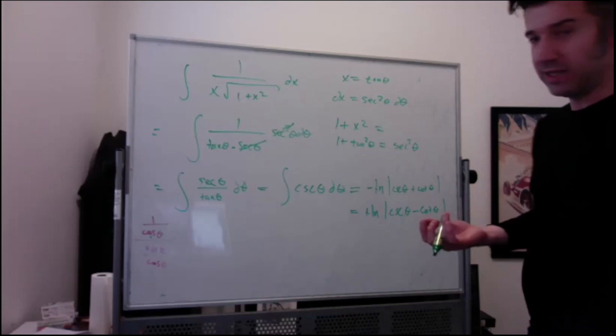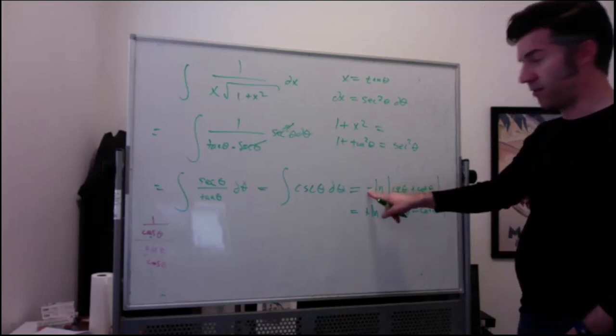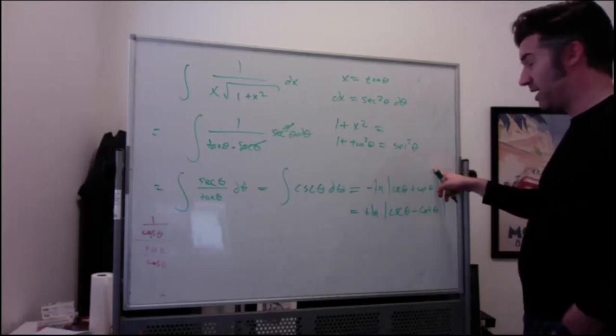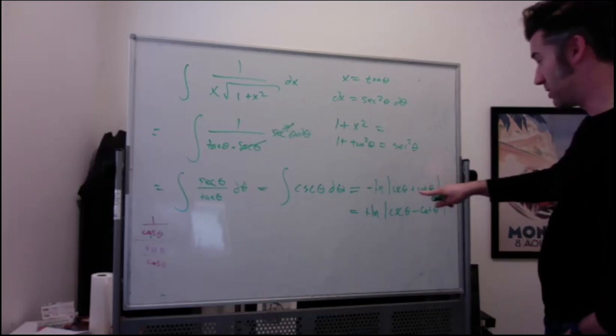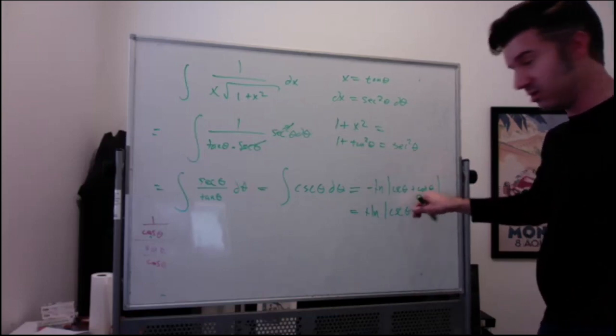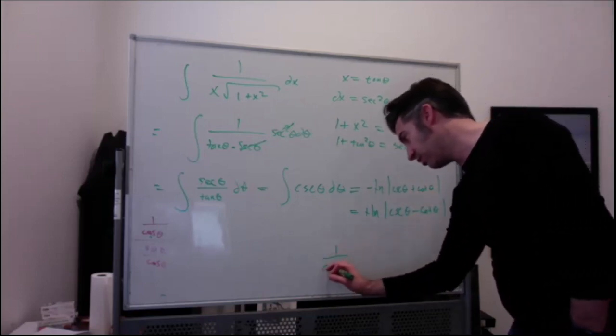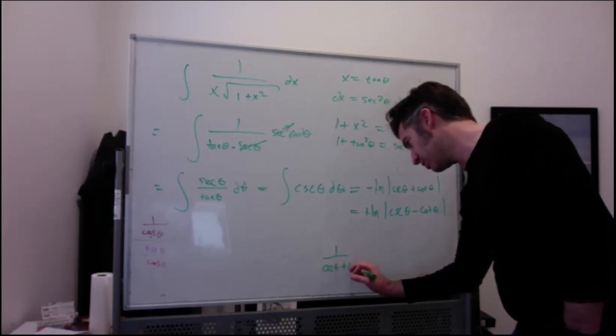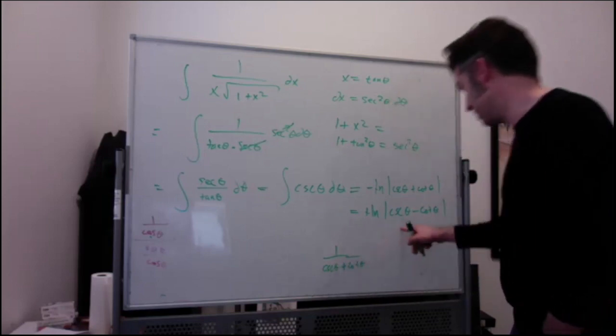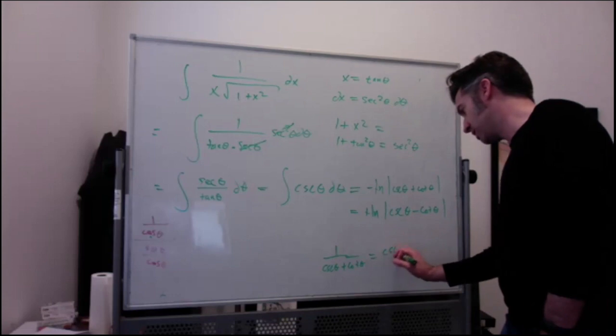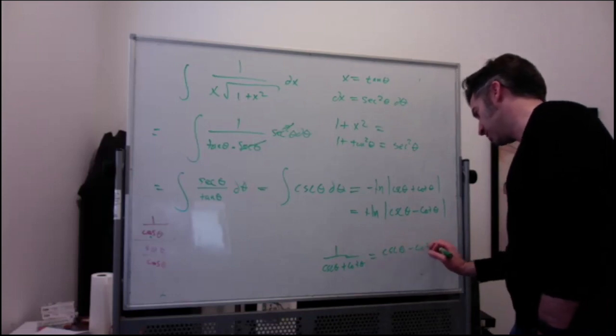It's interesting that if you bring this -1 up as the power here, it is actually true that the reciprocal of cosecant plus cotangent, so it's actually true that 1 over cosecant theta plus cotangent theta is equal to cosecant theta minus cotangent theta.